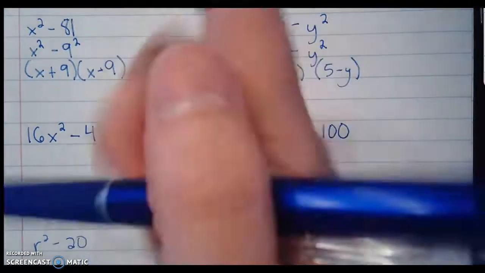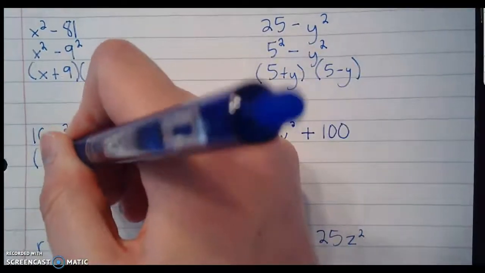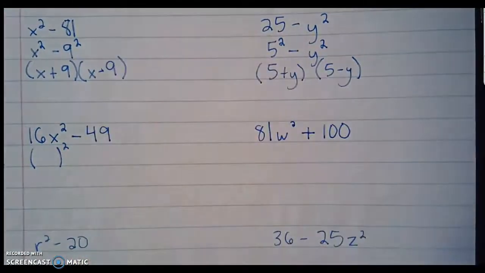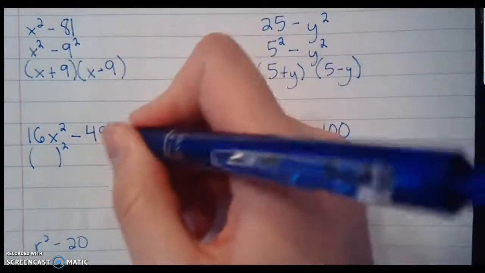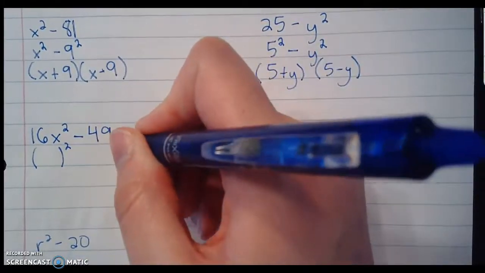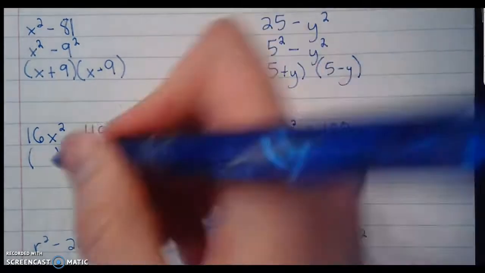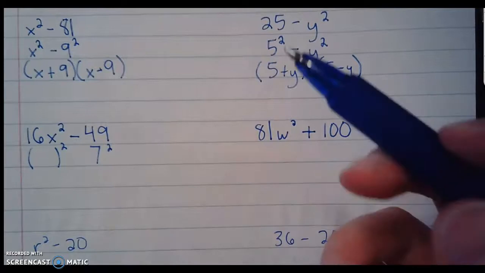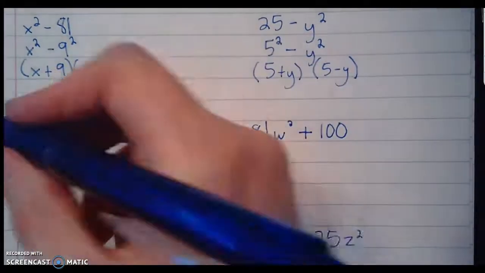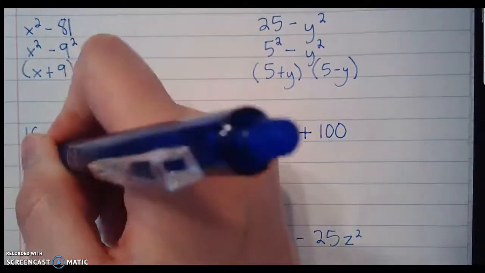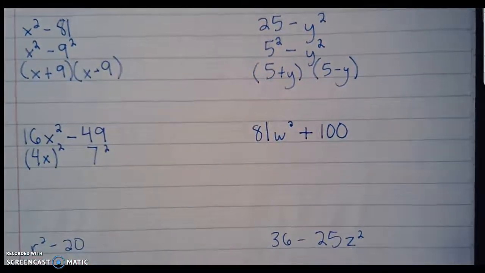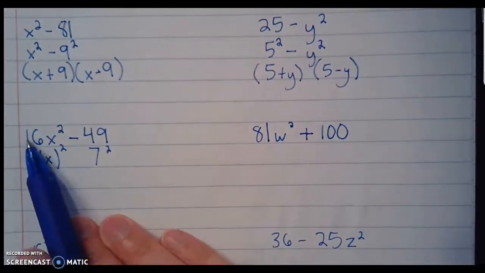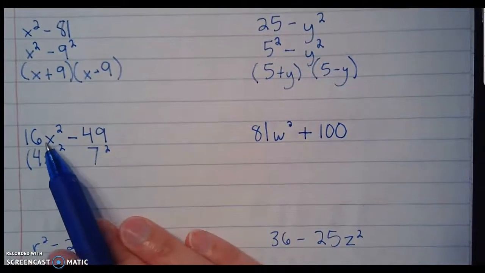So for 16x squared minus 49, is that expression a perfect square? And then 49, is that a perfect square? Well, 49 is 7 squared, and 16x squared is the square of 4x, because 4 squared is 16, and x squared is, of course, x squared.